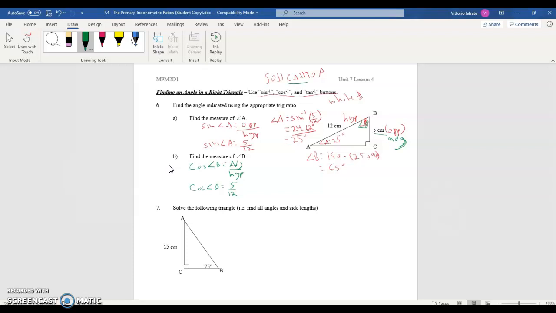And so to find angle B, we do the inverse cos of 5 over 12. I'm going to do my second function cos, brackets, 5. You can do your fraction button or just divide it by 12, close the brackets. And then you get 65.37.